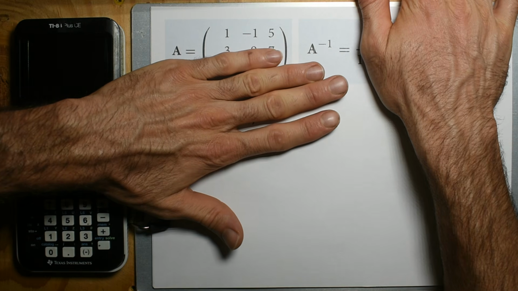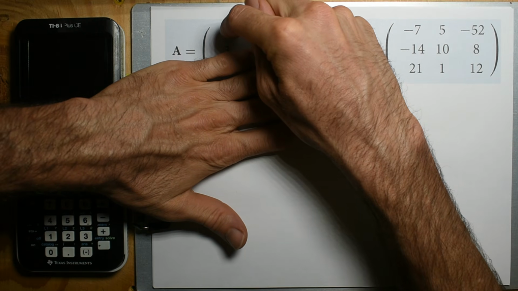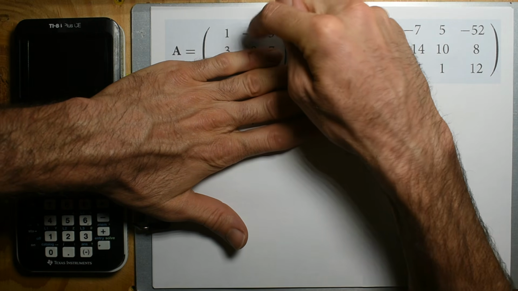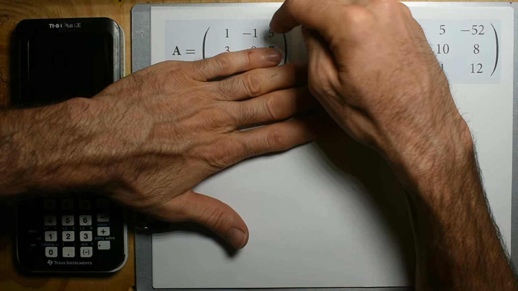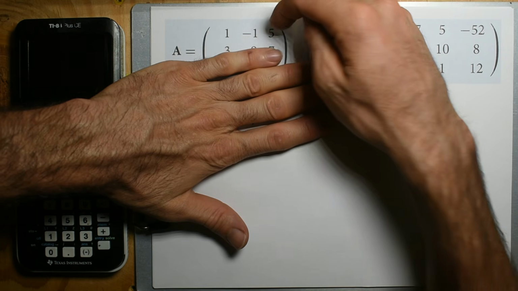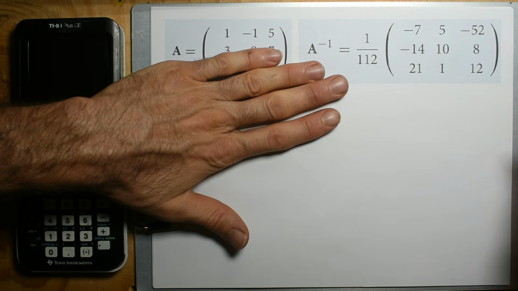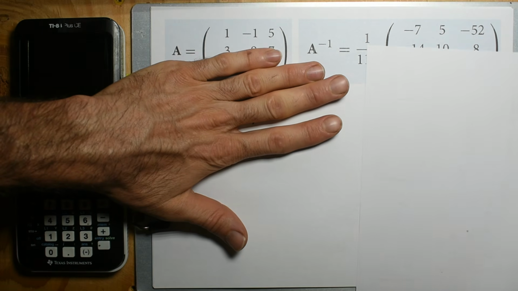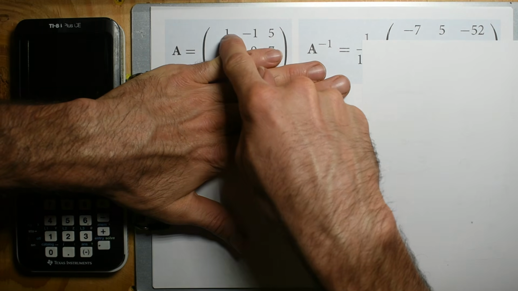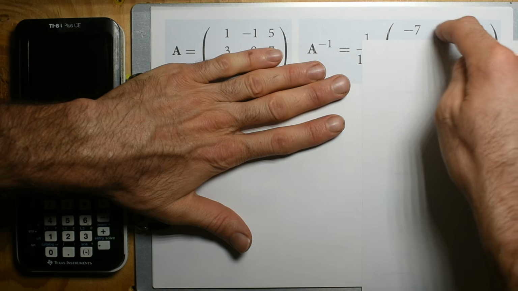When I multiply matrices, I have to multiply this by something, and then I have to multiply this by something else, and then this by something else, and then add those all together. So if I made a mistake, I could be like, well, don't I just multiply this by that, and this by that?